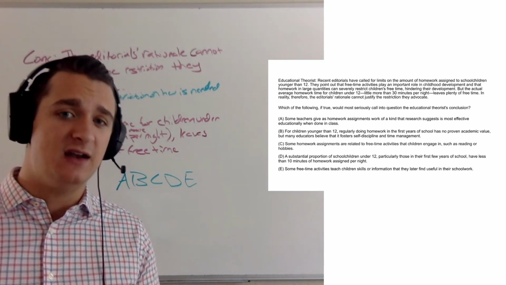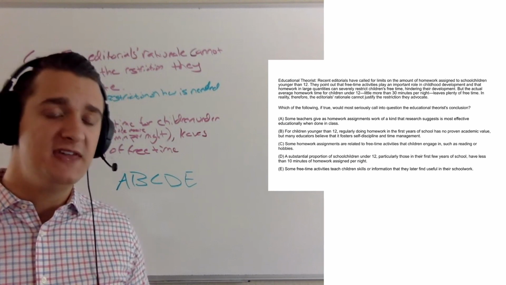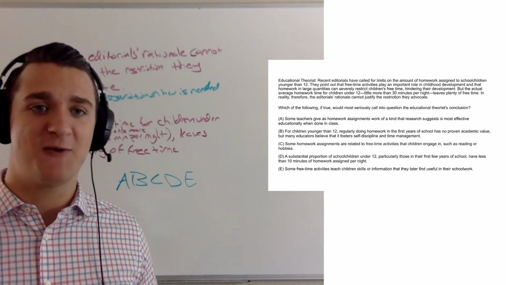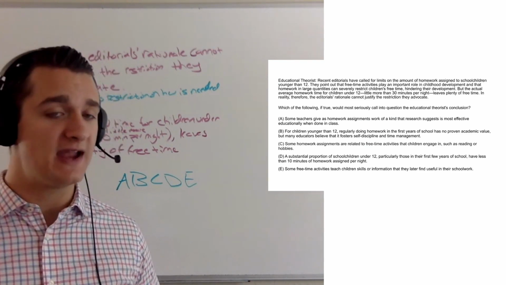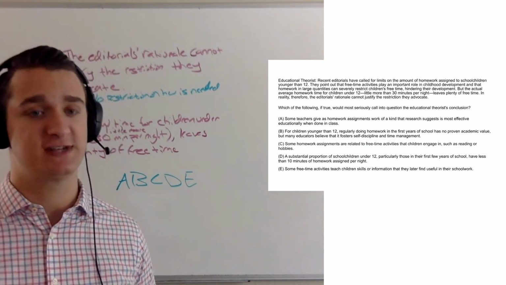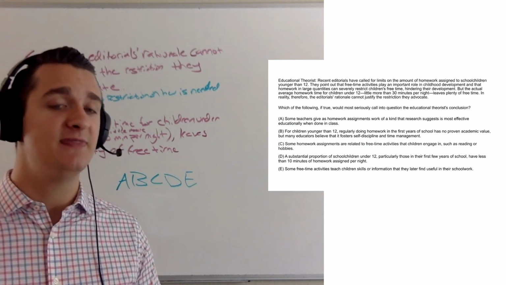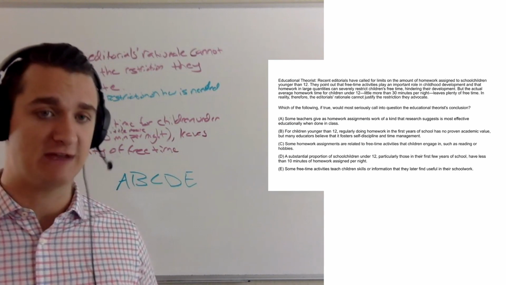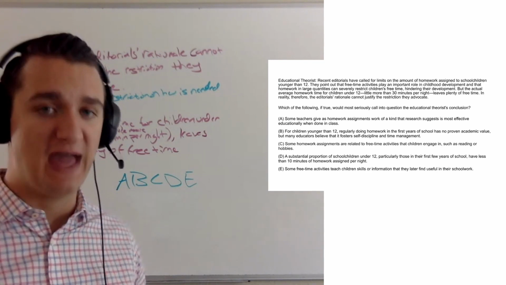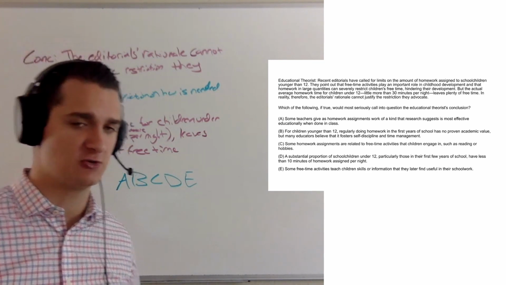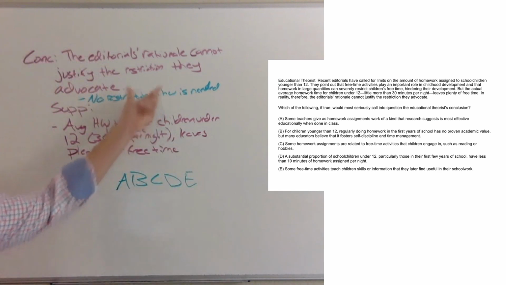A is saying, well, maybe the homework would be more effective if they did it in class. Okay, that's great. So maybe we should shift some of the homework to classwork. But that's not in line with the editorial's rationale. And again, the conclusion was that the editorial's rationale cannot justify the restriction, which is why I said, this is my words, this is their words.